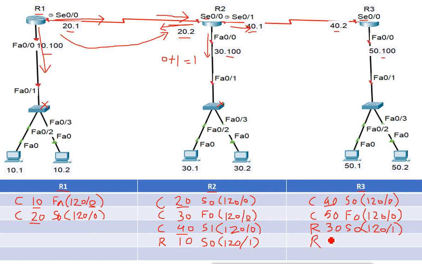It says network 20 is there, I can go to network 20, and it is coming from serial 0. The AD value is 120, and for 20 router 2 is sending 0, so it adds 1 into it and it becomes 1 here.